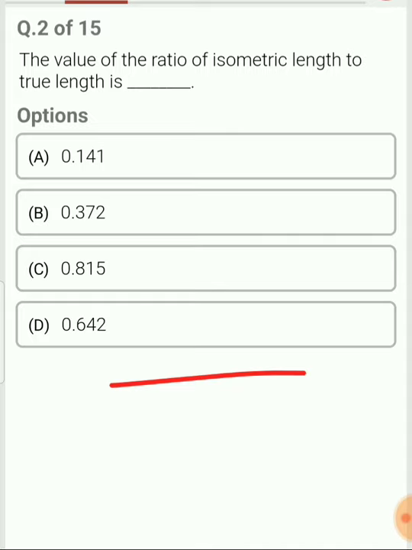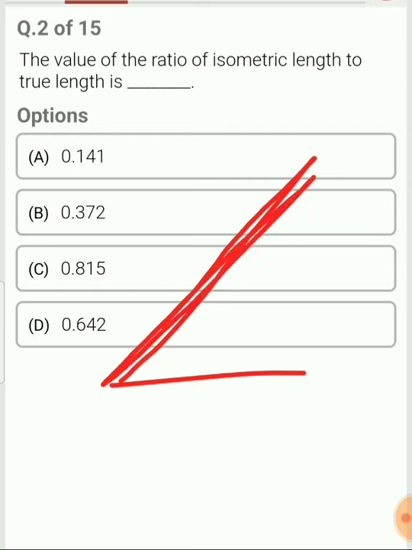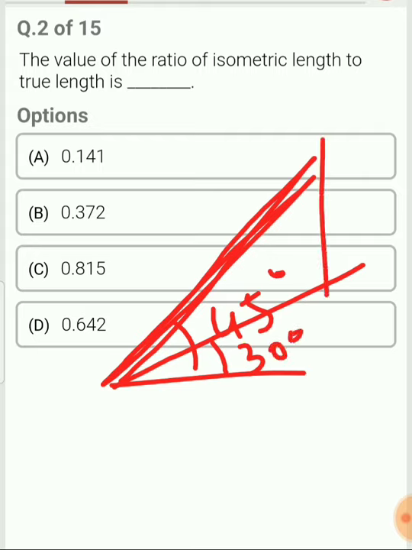If there is a reference line, from this reference line, if we draw a measurement at an angle of 45 degrees, then that measurement will be the true length. And if we draw the same measurement at an angle of 30 degrees, then that measurement is reduced, right?